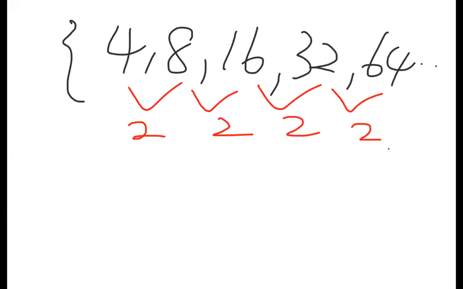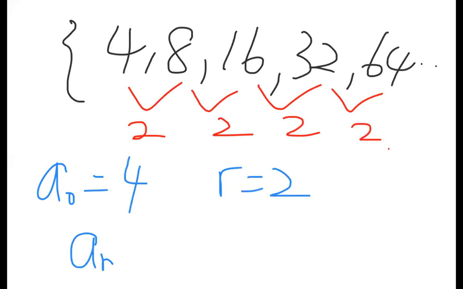So for the general term, a0 is 4, the ratio is 2. So an is 4 times 2 to the n power. You can simplify this because 4 is 2 to the second power, and you apply the product rule for the power, so 2 to the n plus 2 power.